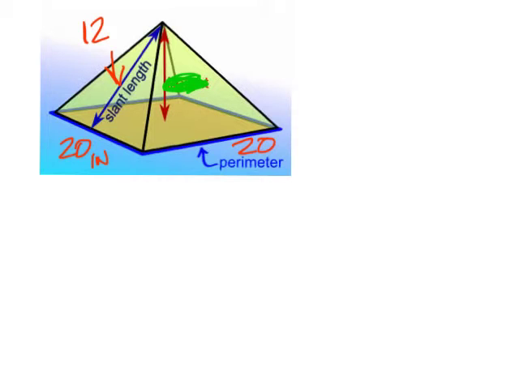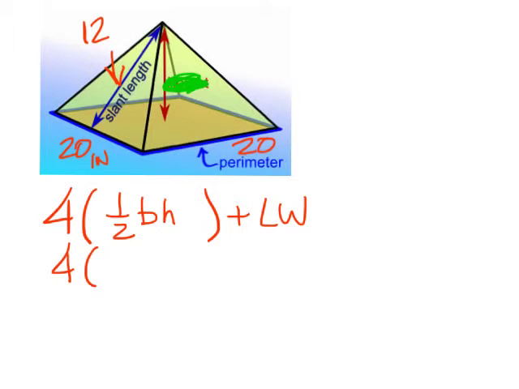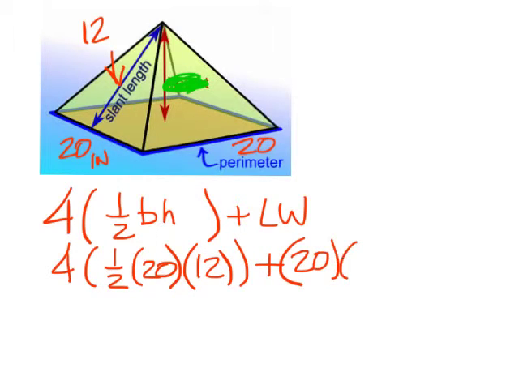The solution for the practice problem. The formula is 4 times the quantity, 1/2 base times height, and then plus LW. Plug in what you know. The base is 20 and the height is 12. And then LW is 20 times 20. Simplify what you know. You have 20 times 12, which would be 240.